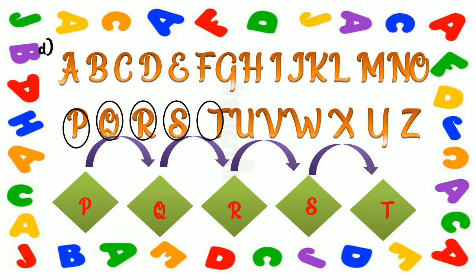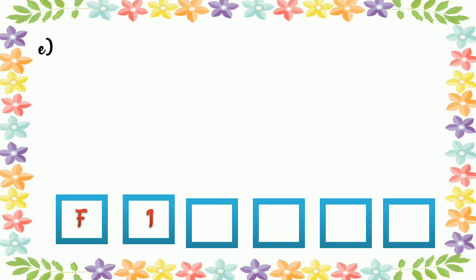Our question is appropriate because we see that in this question, continue the series, we have P and Q, then we write R, S and T to continue the series.